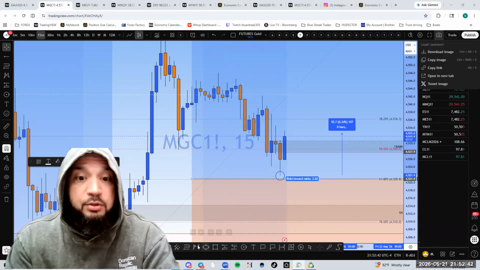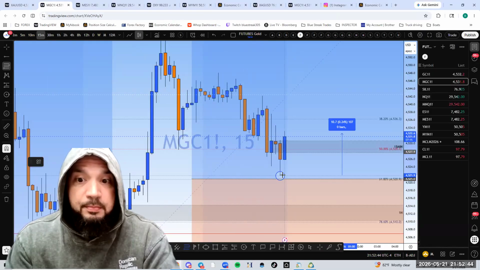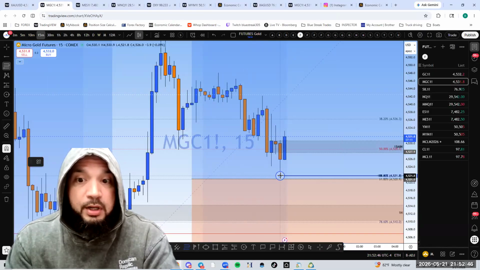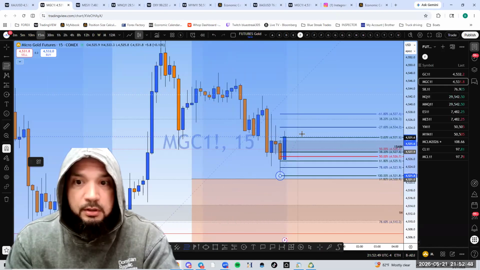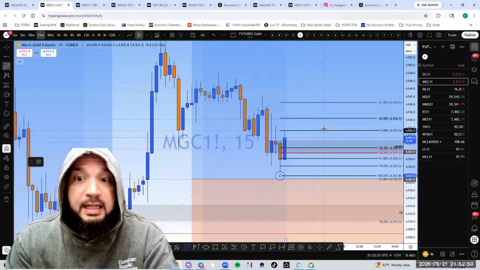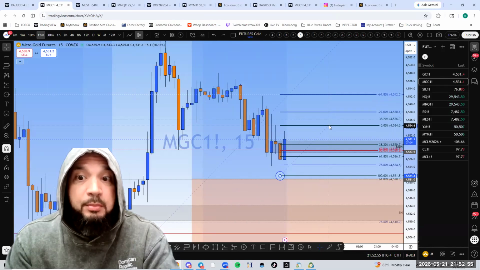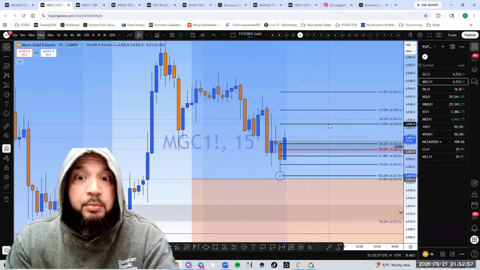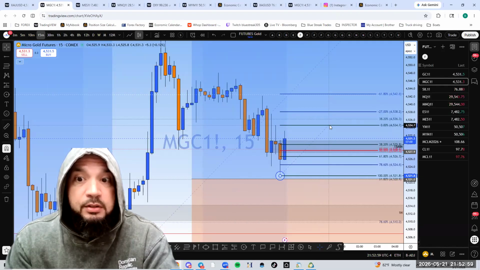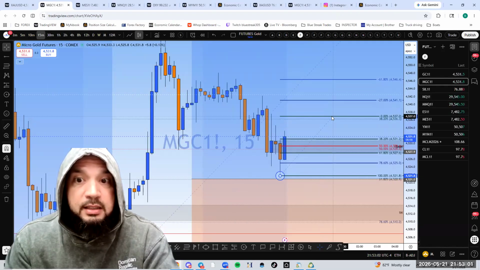So all I have to do is grab my fib from point A. Oh, wrong one. Sorry about that. And then once I get a high, point B will be moving. Remember, like I tell you guys, point B is dynamic until the market finds its exhaustion area, which would probably be here.